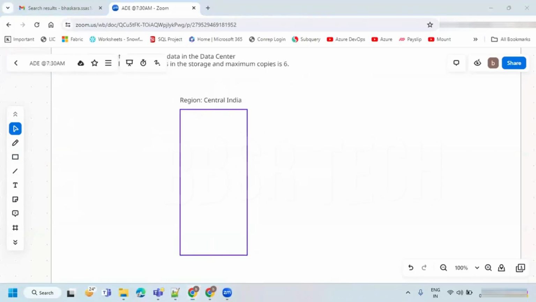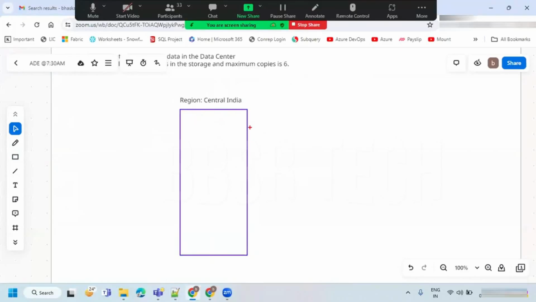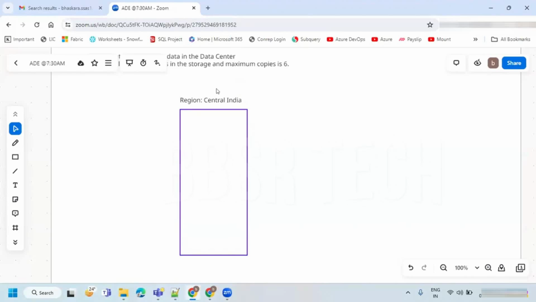Wherever you create a service, you have to specify from where exactly you want to take it. We are talking about storage accounts, and I want to take the storage account from Central India, so Central India will be treated as the primary region.